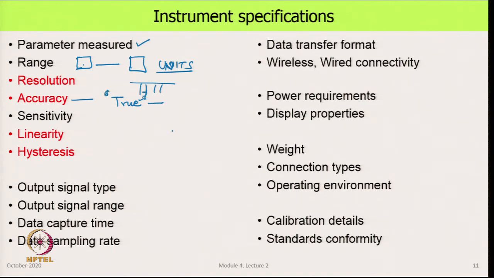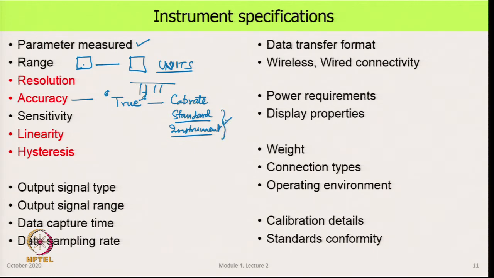So, we have the next best thing to the true value, which is that you have calibrated with respect to a standard instrument. Simply that the standard instrument is far more accurate and close to the true value than anything else we have.